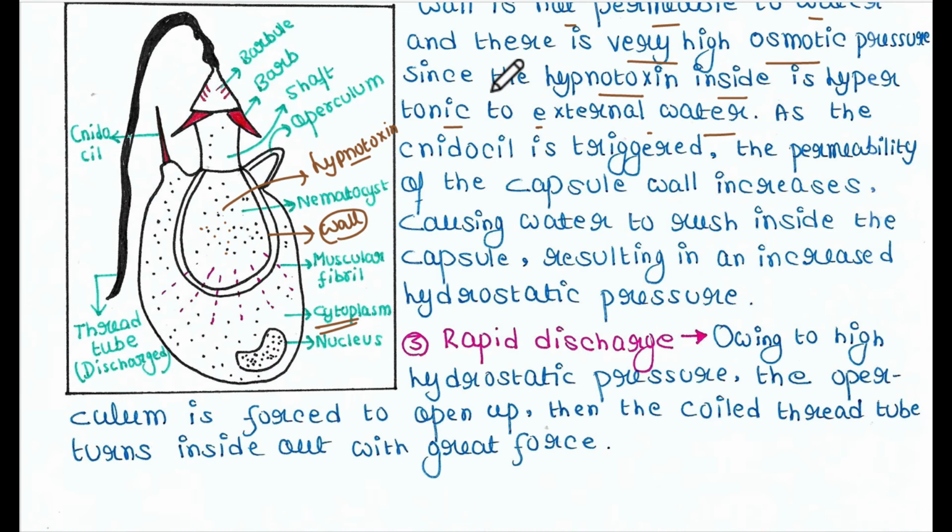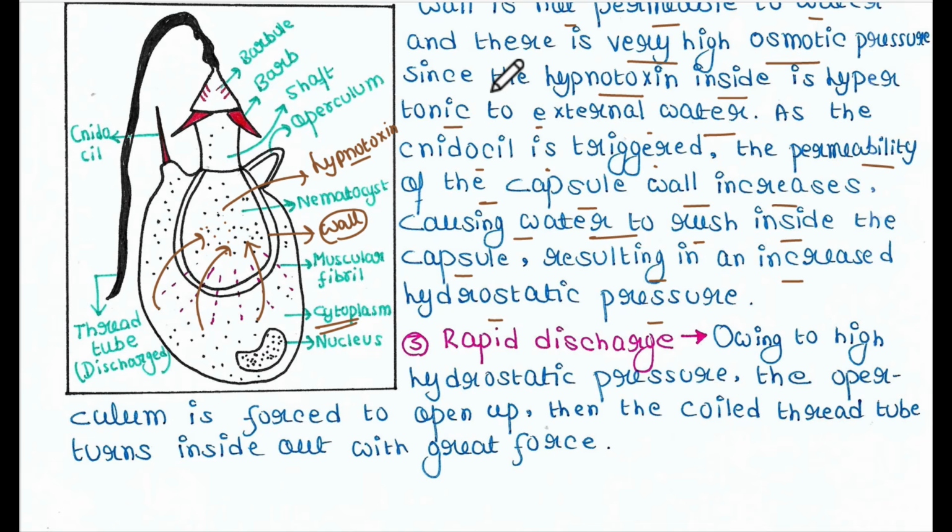Then what happens? As the cnidocil is triggered, the permeability of the capsule wall increases, causing water to rush inside the capsule, resulting in increased hydrostatic pressure. The capsule wall permeability increases, which causes water from the cytoplasm to enter the capsule.